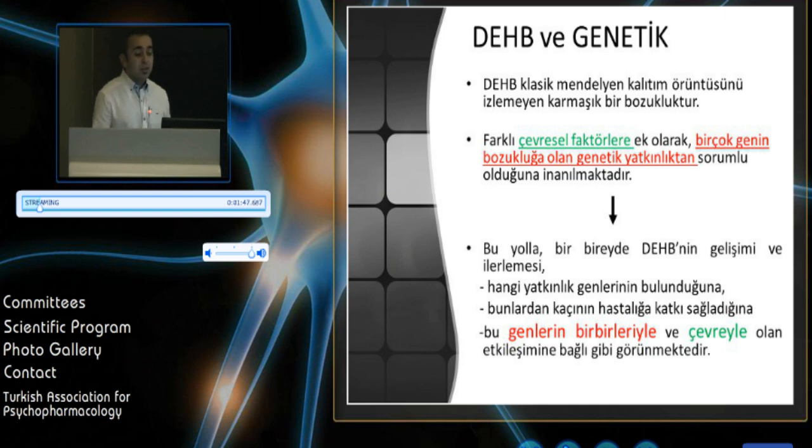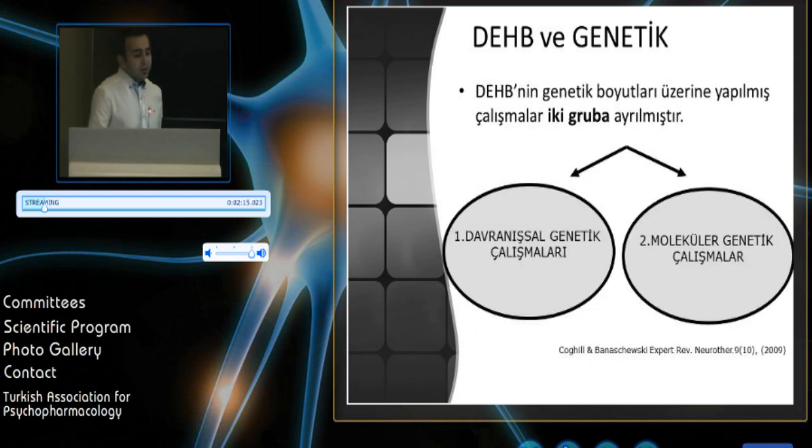So it is suggested that this is a hereditary problem, but the trials carried out later show that different environmental factors are effective, and disorders in many genes cause some predispositions. So the development and the advancing of the disease depends on the contributing factors, the number of those factors, and the interaction between those genes.